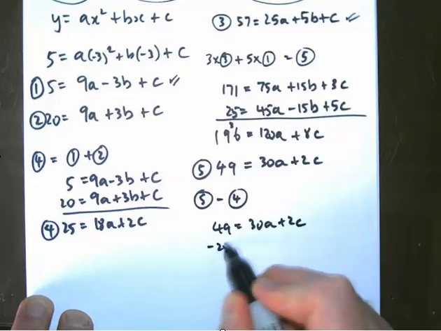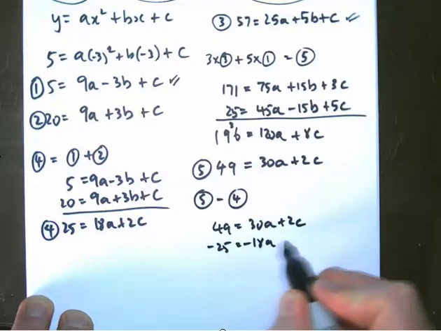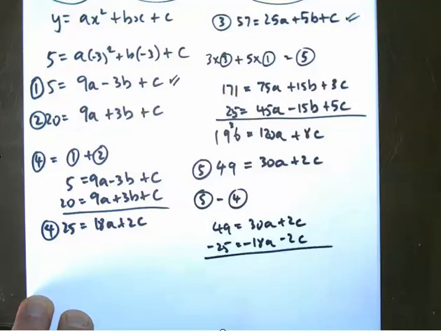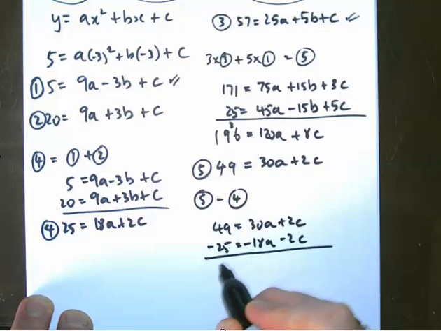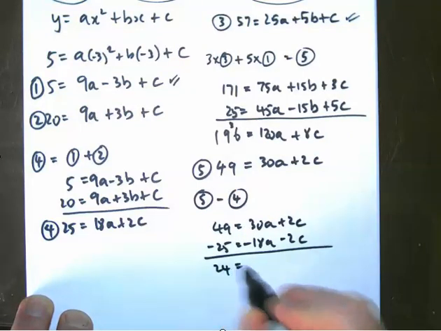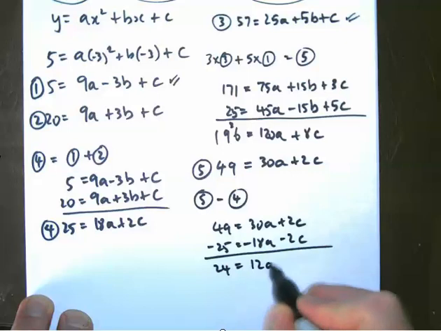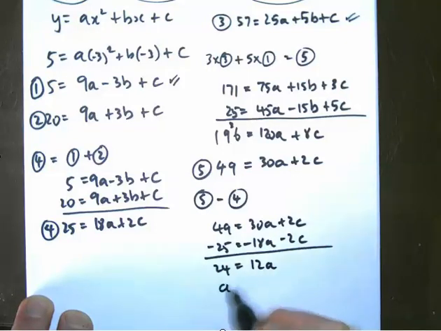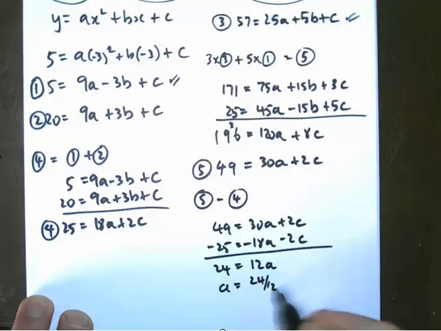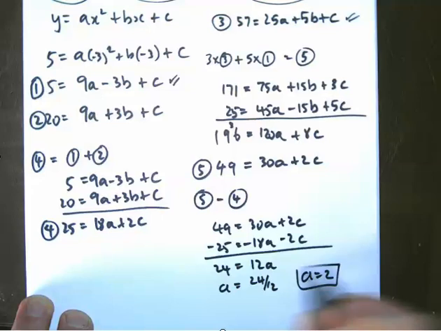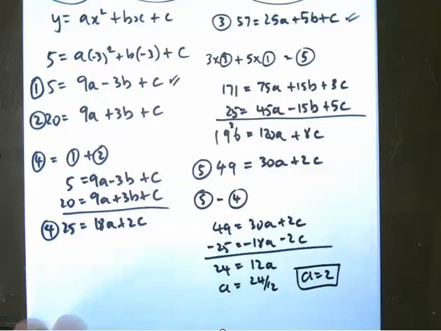Minus 25 equals minus 18a minus 2c. And I'm subtracting equation 4, so I multiplied them all by -1. 49 minus 25 is 24. 30 minus 18 is 12a. The c's disappear. a equals 24 on 12. a equals 2. Okay, so I've got one of the solutions.